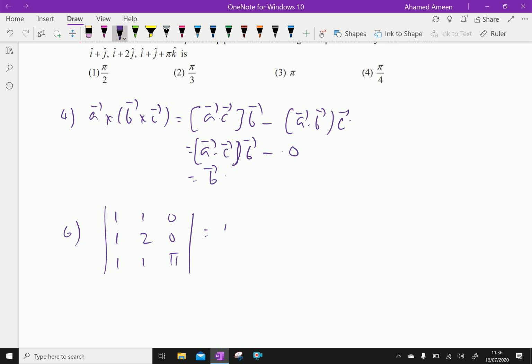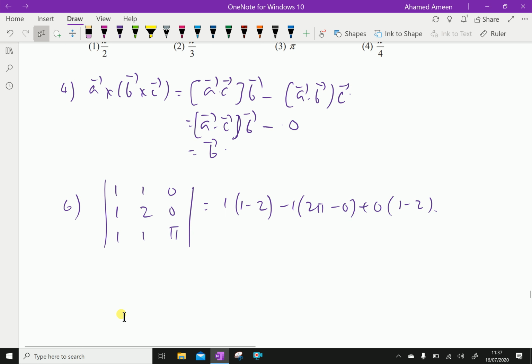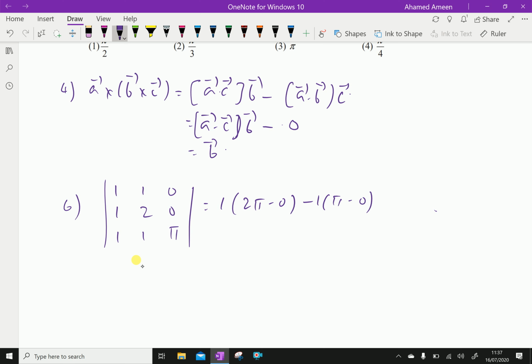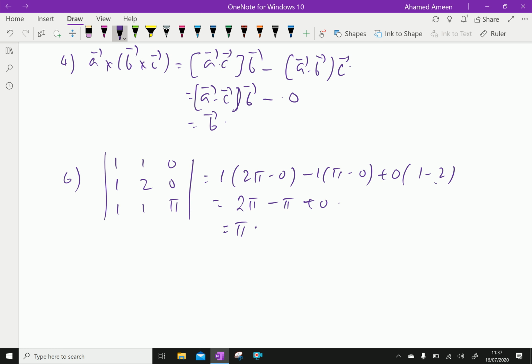The expansion is wrong here, we will do it one more time. 1 into 2 pi minus 0, minus 1 into pi minus 0, plus 0 into 1 minus 2, equals 2 pi minus pi plus 0, which is equal to pi. So the volume of the parallelepiped is pi.